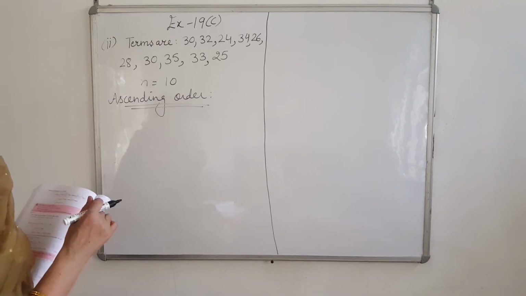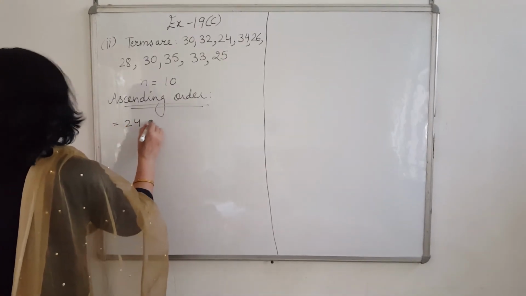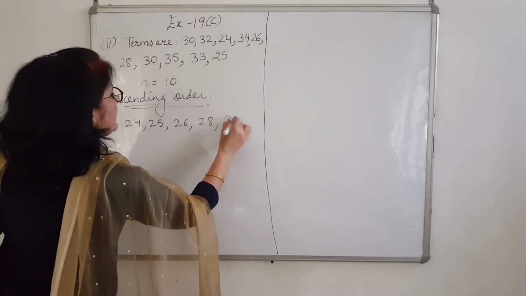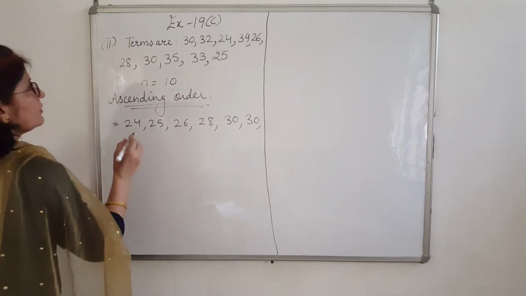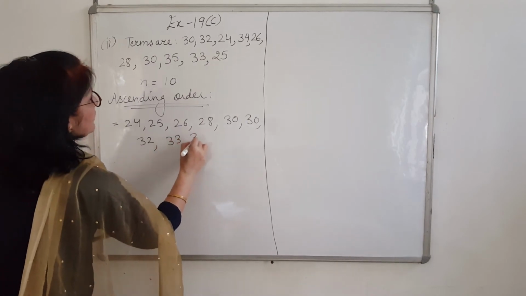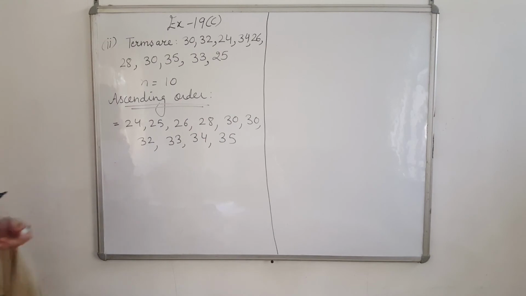We start from 24. So the ascending order is 24, 25, 26, 28, 30, 30, then 32, 33, 34 and 35. We have arranged them in ascending order.